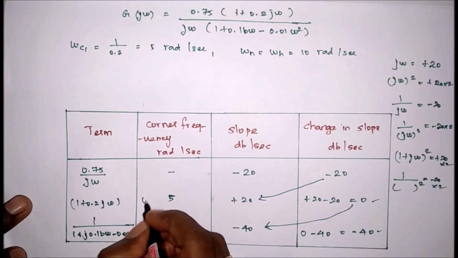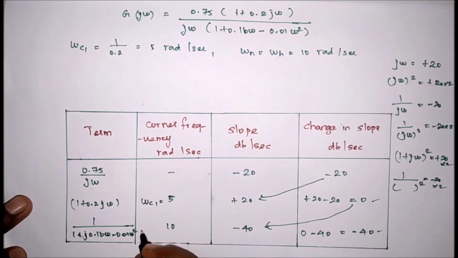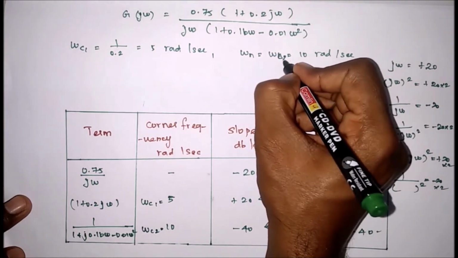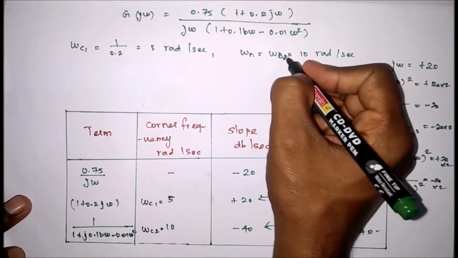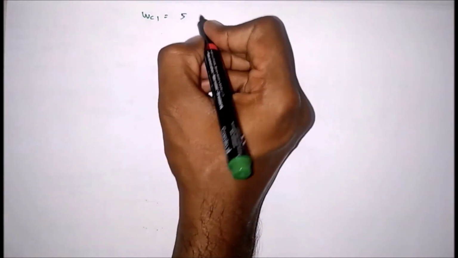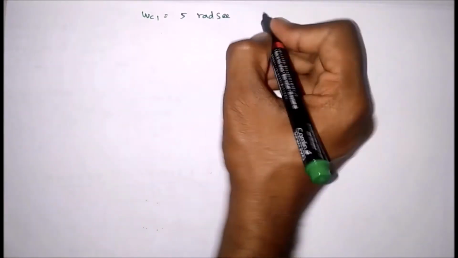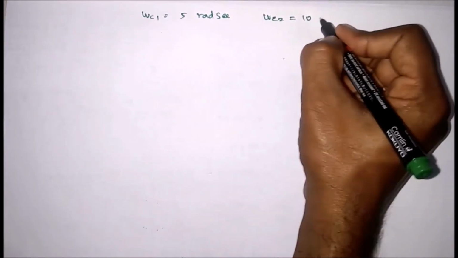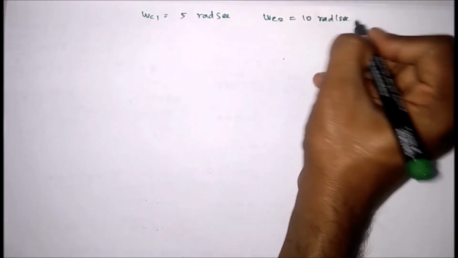Actually from this table, this is nothing but omega c1. This we have to consider as omega c2, so omega n equal to omega c2. Now we have to select the lowest corner frequency. We know omega c1 equal to 5 radian per second and omega c2 equal to 10 radian per second.